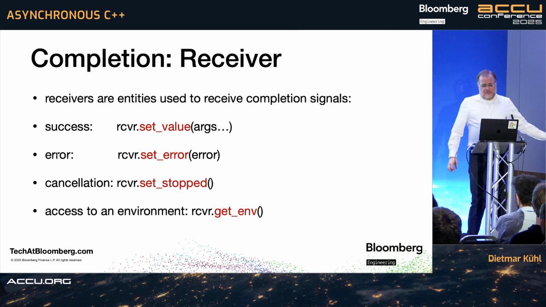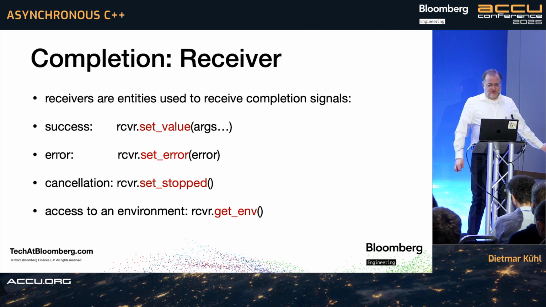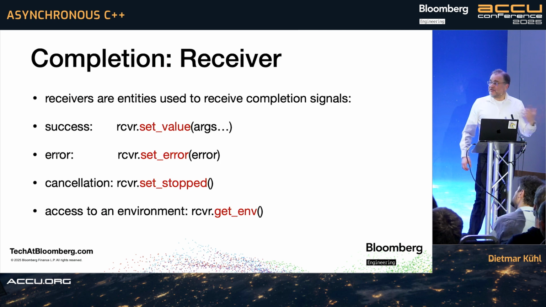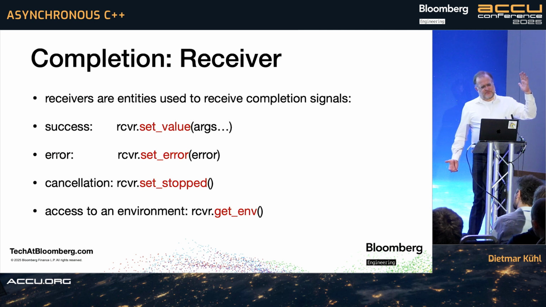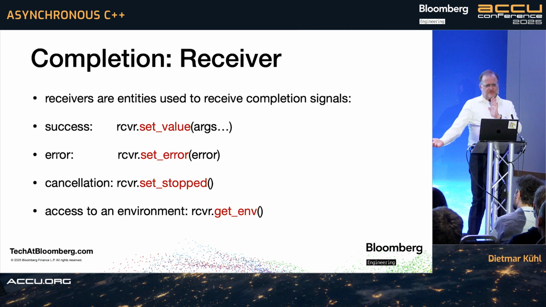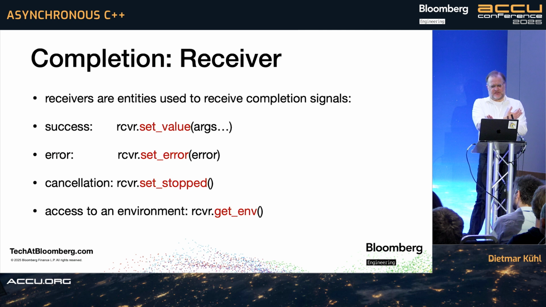And then there's another actually surprisingly important aspect to receivers, and that is what's called get_env. Now, get_env is actually nothing which is really related to receiving the result, but it channels information in the opposite direction. get_env allows the user of a sender to inject information about what kind of environment we want to have.